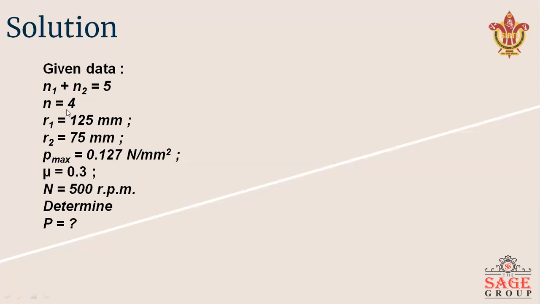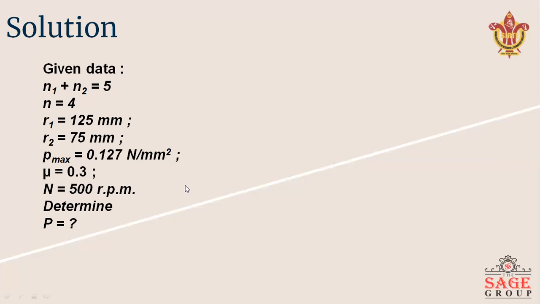So n equals n1 plus n2 minus 1, that is equal to 4, and r1 and r2 are the inner and outer radius, and intensity of pressure P max is equal to 0.127 Newton per mm square, and coefficient of friction is equal to 0.3, and N is equal to 500 rpm, and also given is the uniform wear theory. So we have to consider the uniform wear theory when solving this numerical problem, and we have to find out the value of power transmitted by the clutch.